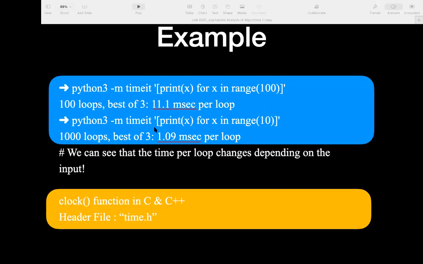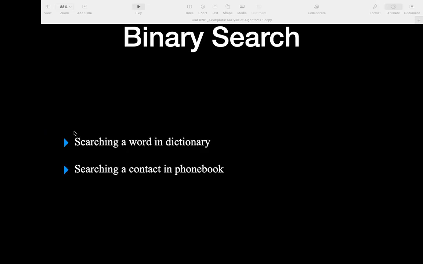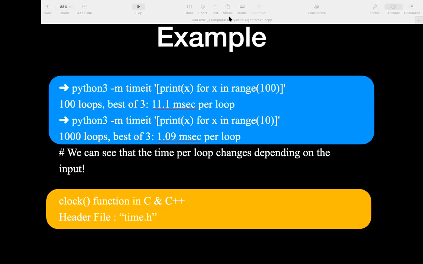At the same time, when we run this program for 1,000 times, the best of three is 1.09 milliseconds per loop. Sorry, this is 10. When we run it for 10 times, the time required is 1.09 milliseconds.